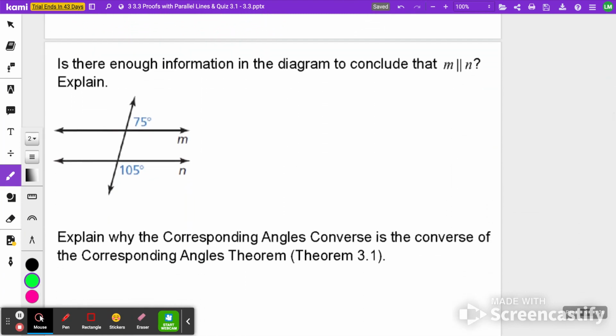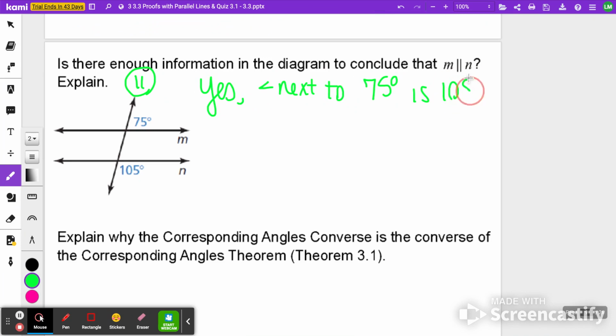Is there enough information in the diagram to conclude that m is parallel to n, and explain? If you want to try this one by yourself, pause it first, then click play to see what our answer comes up with. For this case, we would say yes, there is, because the angle next to 75 degrees is 105 degrees.